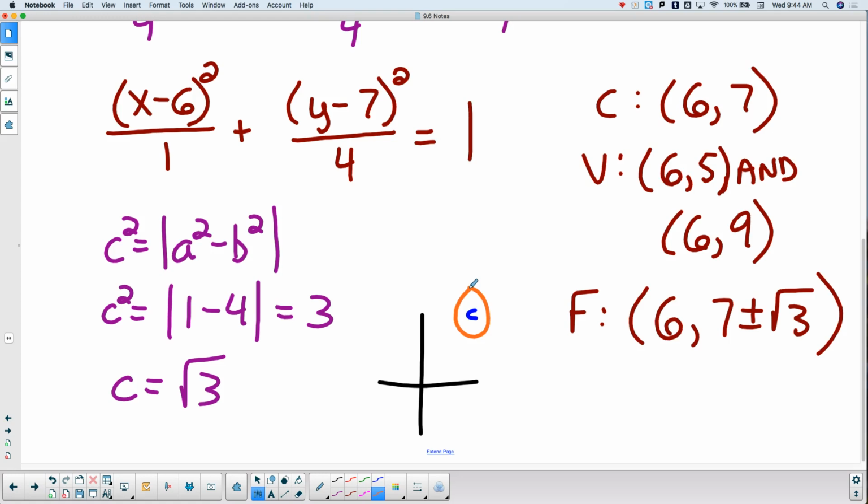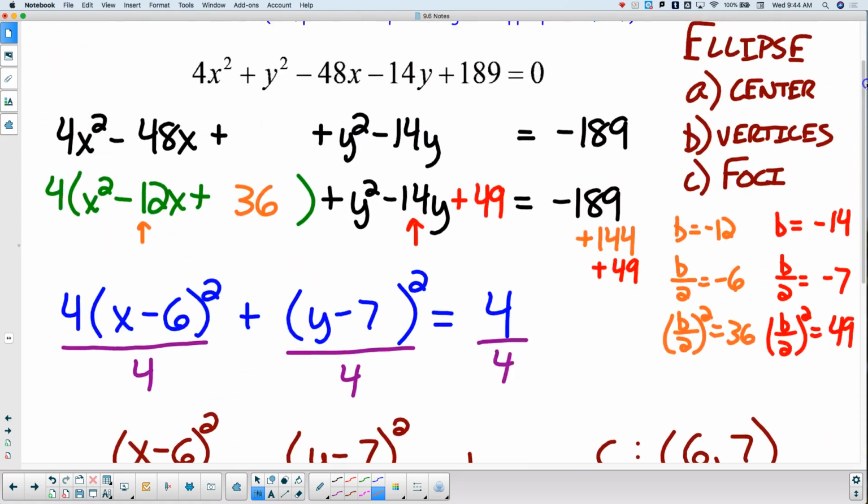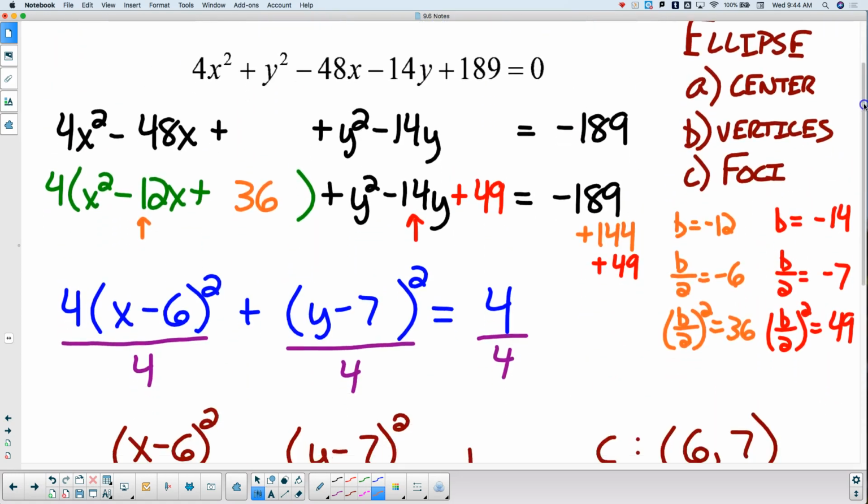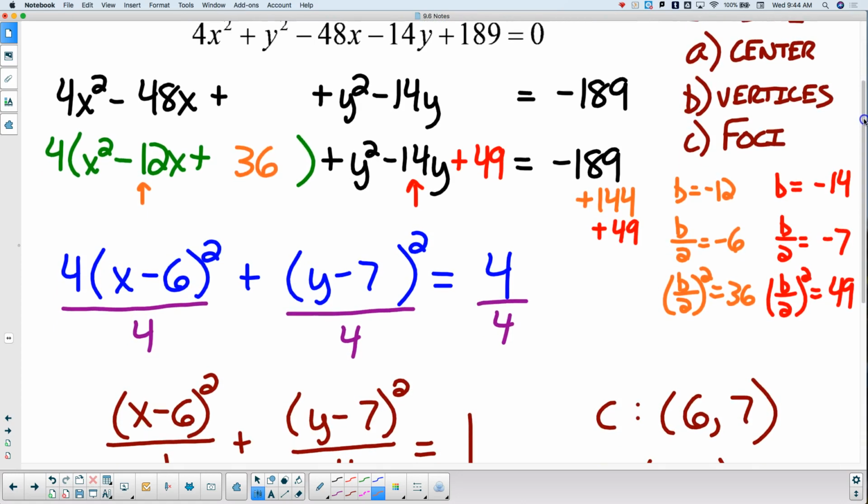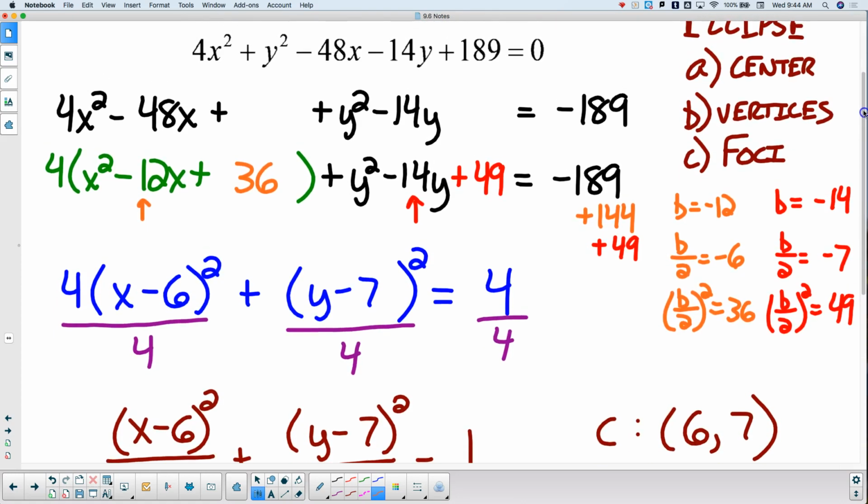Completing the square allows us to take this original equation, 4x squared plus y squared minus 48x minus 14y plus 189 equals 0.